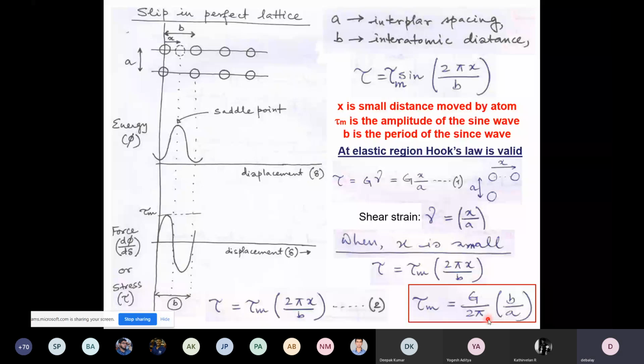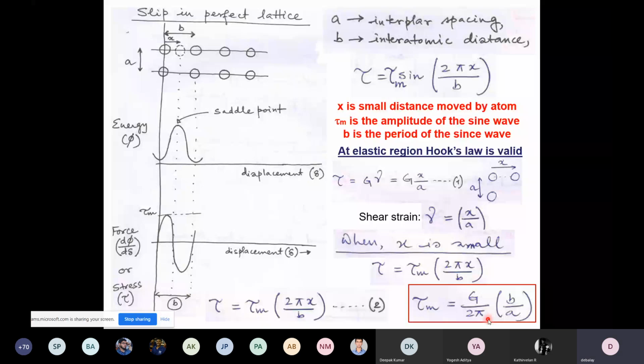Is it not? That Peierls stress tells that the most close packed plane will be your slip plane and the most close packed direction will be your slip direction. Is it not? Yes, sir.